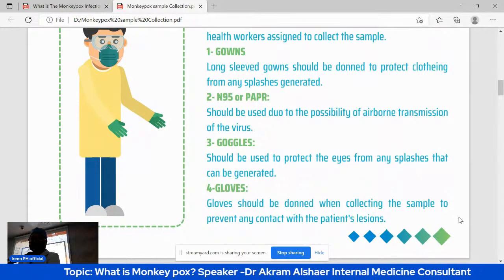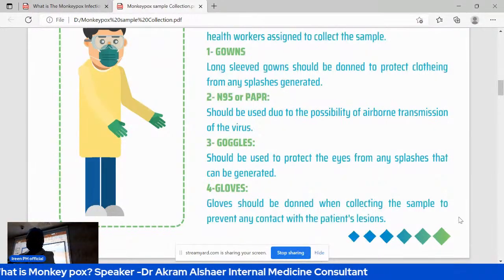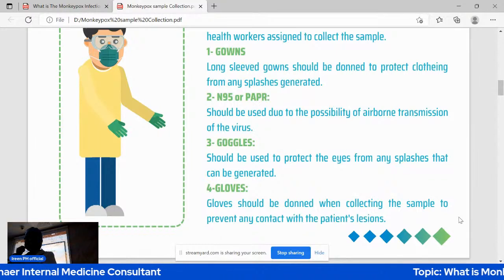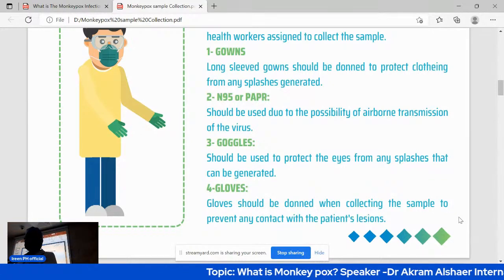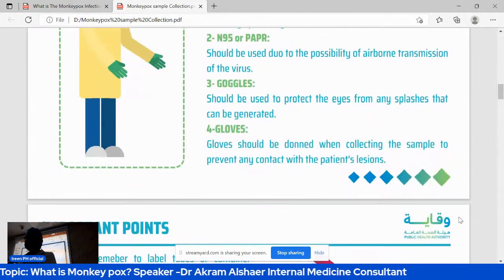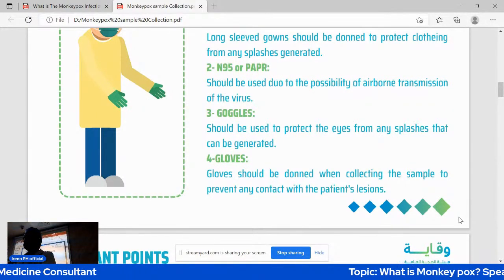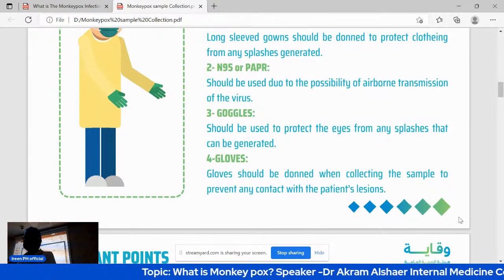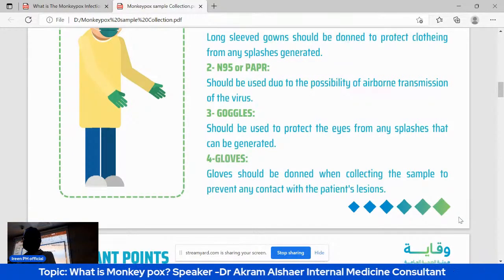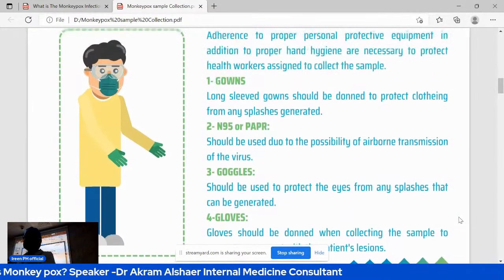We don't have it available yet. The PAPR should be used due to the possibility of airborne transmission of the virus. Goggles should be used to protect the eyes from any splashes. Gloves should be donned when collecting the sample to prevent any contact with the patient's lesions.